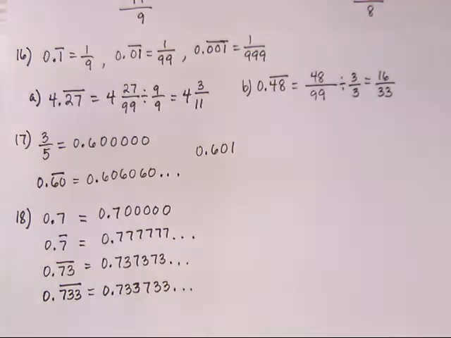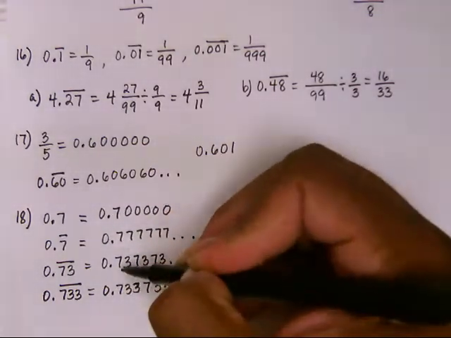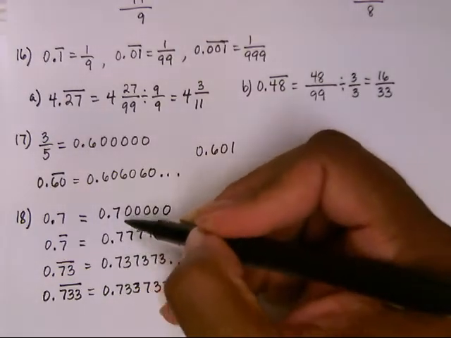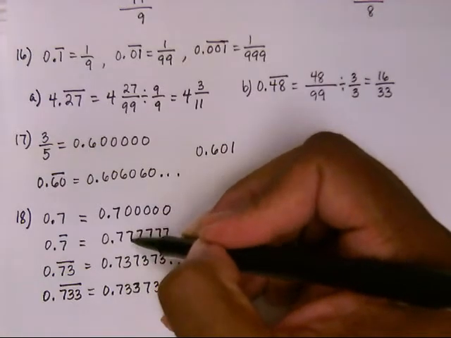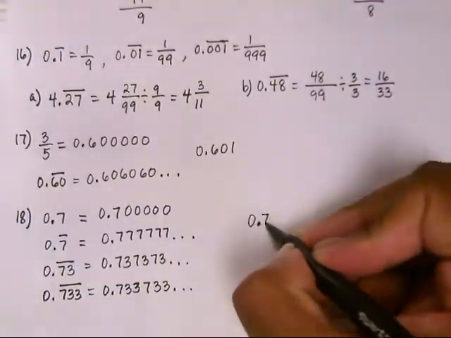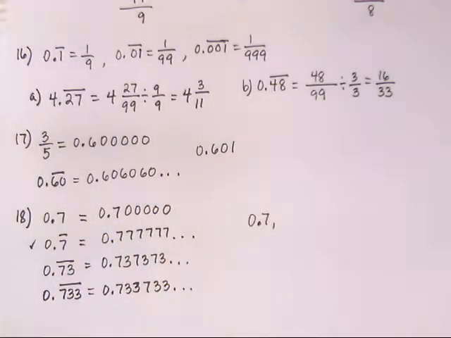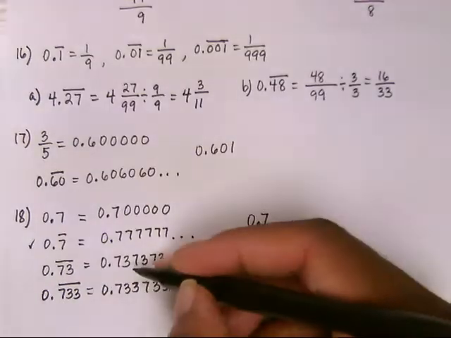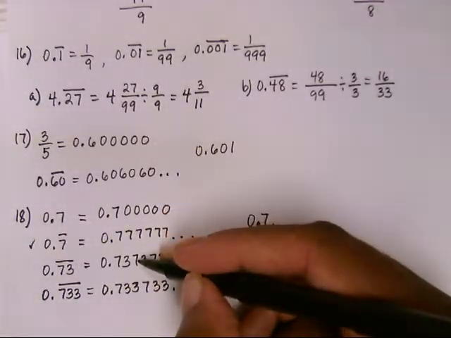Now, from the greatest to the least, well, in the 10th place, the 7s are the same. But in the 100th place, the largest digit that I see in the 100th place is this one. So that means 0.7 repeating must be the largest. Okay, I'm going to put a check by this one so that way I won't select that one again. Now I have the other two.